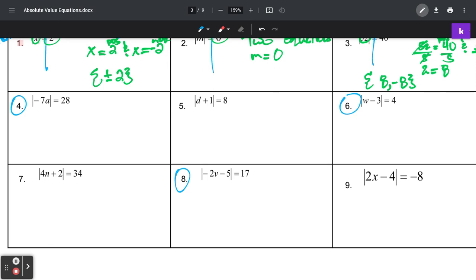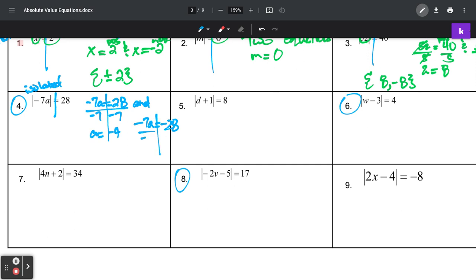All right, this is what you should have gotten. If you look, the absolute value expression is already isolated. I can set up my two equations, which would be negative 7a equals 28 and negative 7a equals negative 28, okay? Here I'm going to divide both sides by negative 7, so a equals negative 4.